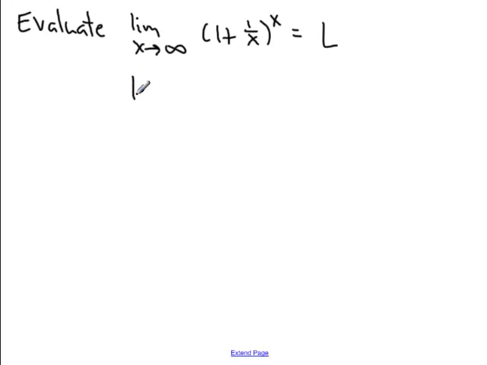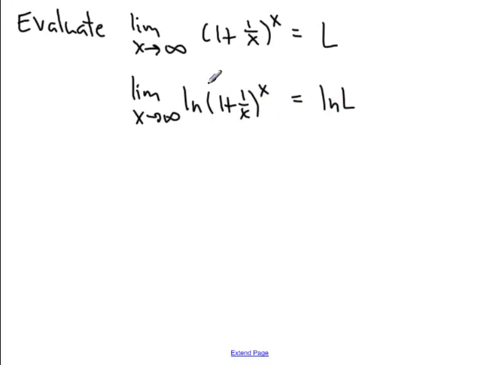Doing so would allow us to interchange the limit as x goes to infinity with the log, so we get the limit as x goes to infinity of the natural log of (1 + 1/x)^x equal to the natural log of L. So hopefully we can evaluate this using L'Hopital's rule and properties of logs, and this will not be our answer, but it will be the log of our answer. But in that way we'll be able to get the answer L that we're looking for.